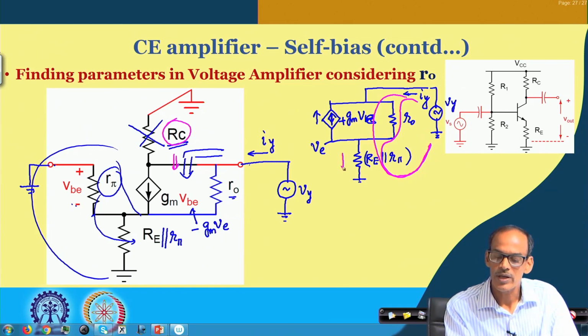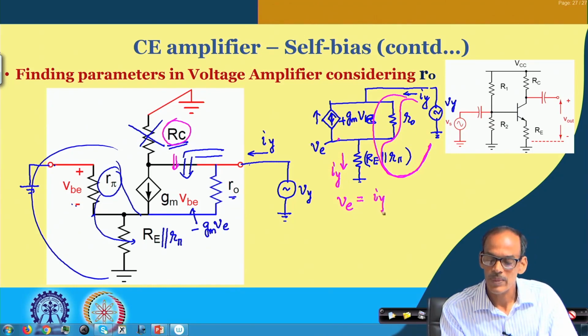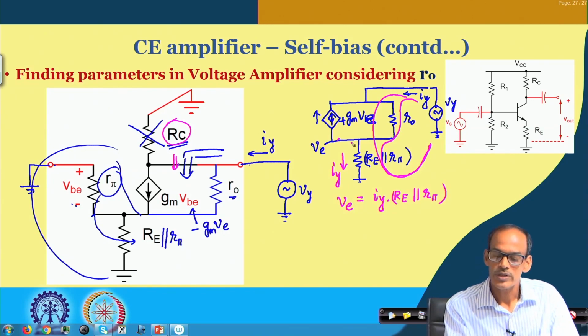The current flow here is the same as this Iy. As a result, the voltage VE at this point is Iy multiplied by Re in parallel with rπ. So that is the voltage here.